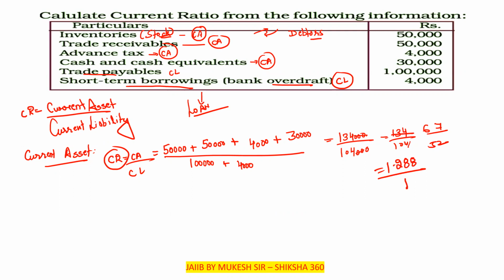It comes out to 1.288 upon 1, or in simple language, 1.29 upon 1. So this is the current ratio.